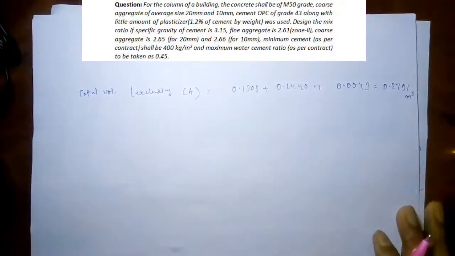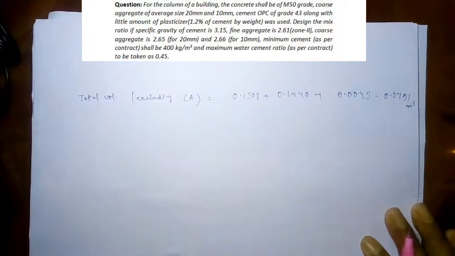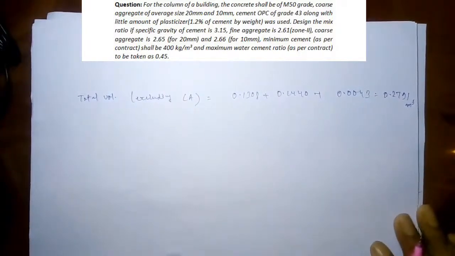So this is our amount of other materials excluding the coarse aggregate.